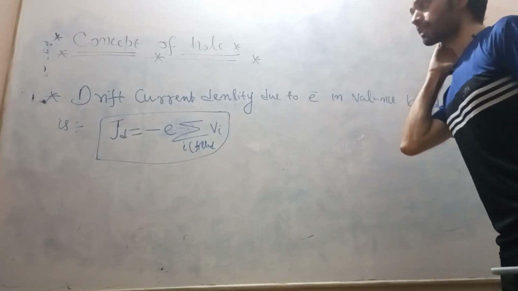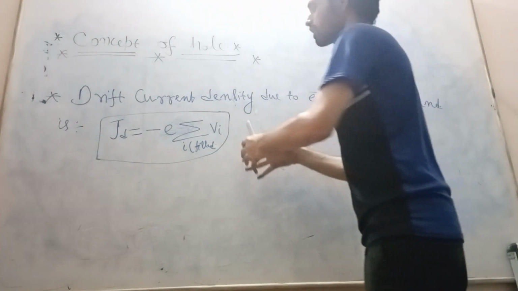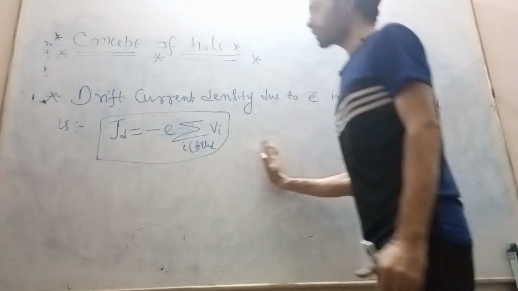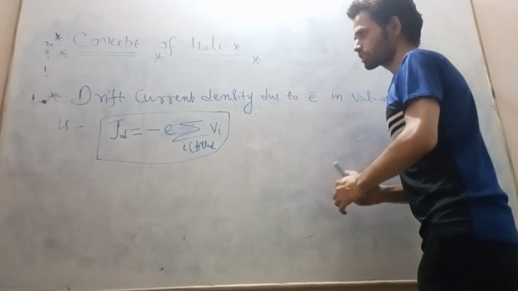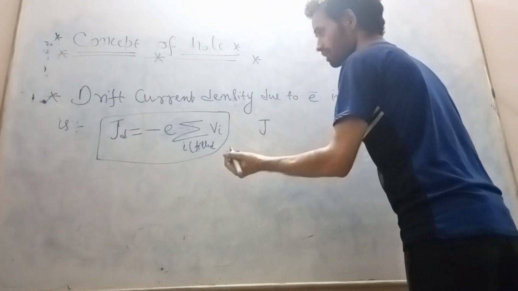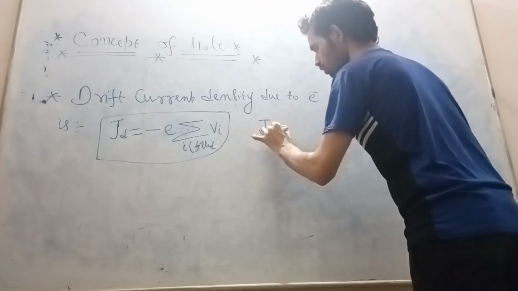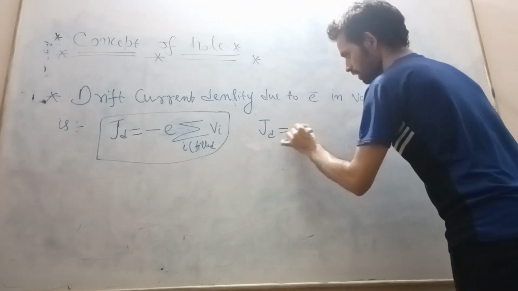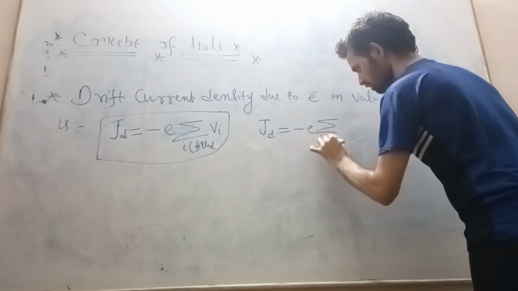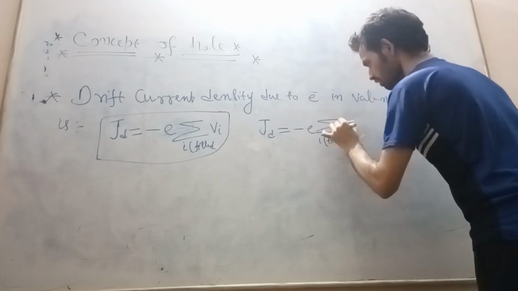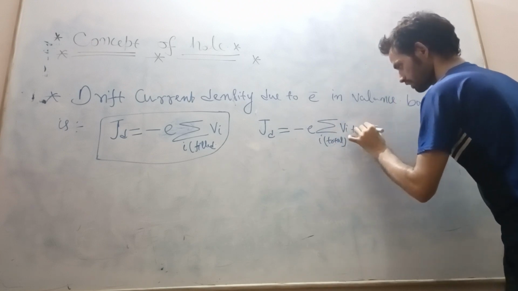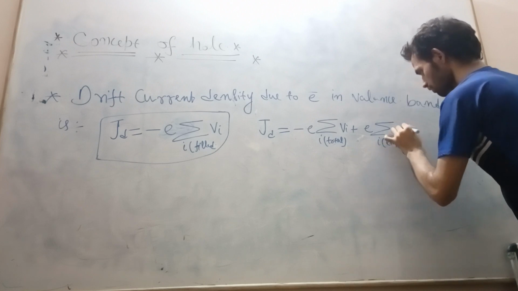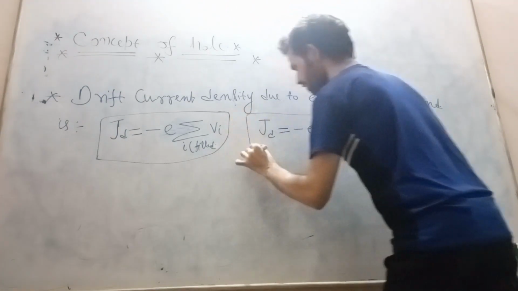It is somewhat inconvenient because it takes into account all the energy states. So if we see here, the total drift current density due to both electron and hole is J_D equal to minus e summation over i of v_i for all states, plus e summation over i of v_i for empty states. Okay, so this is the total drift current density.